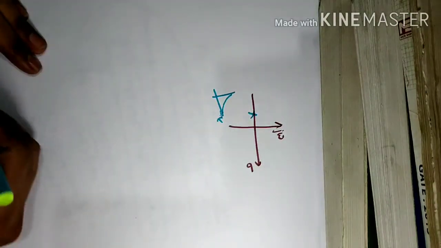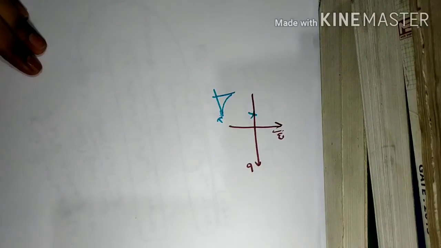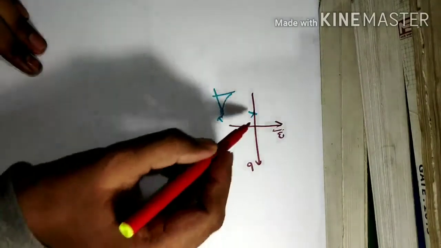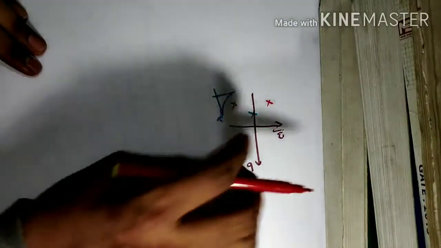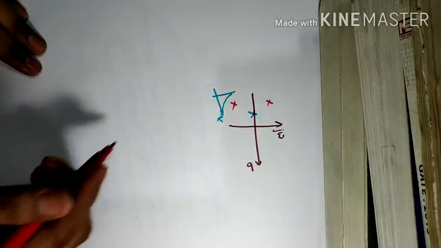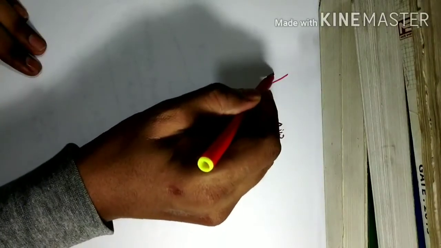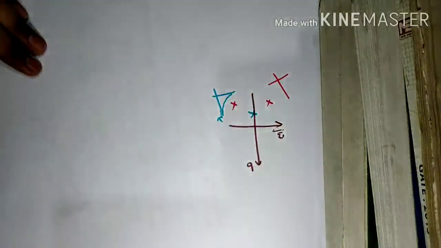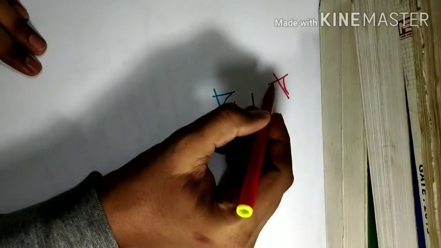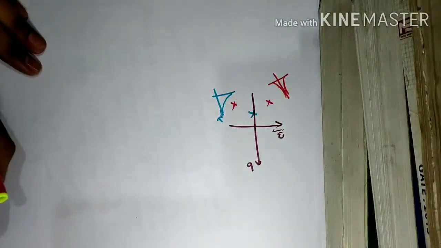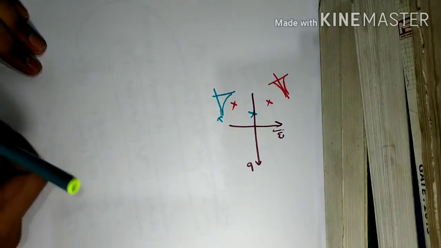If your roots are complex conjugate, located on the complex plane, you will get this kind of response, an exponentially decaying response. So this is a stable system. In another situation, if the roots are real and equal, you will get this kind of response.